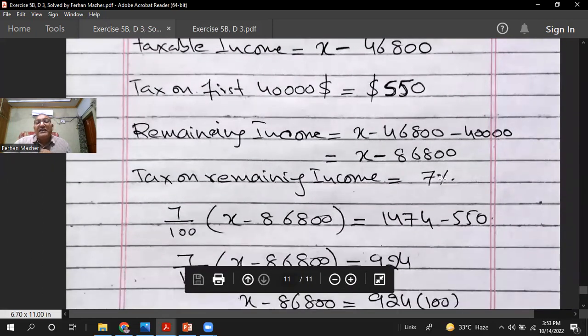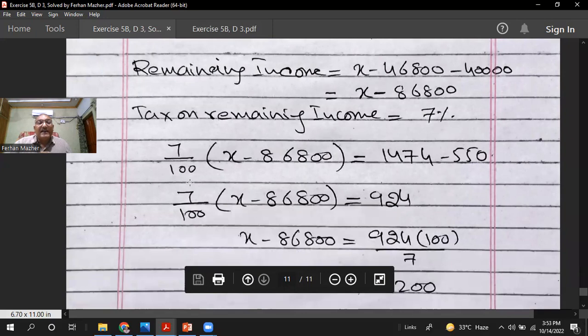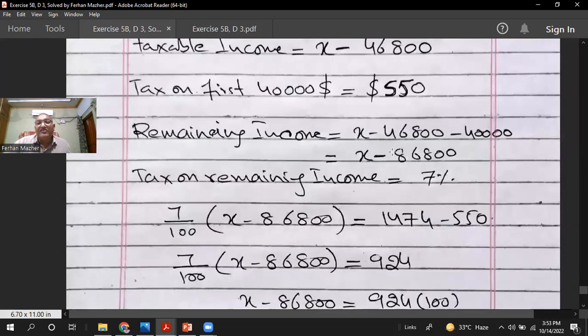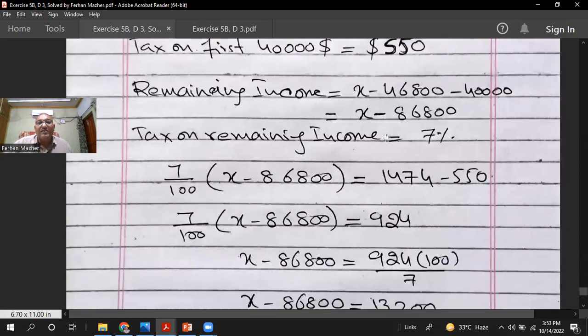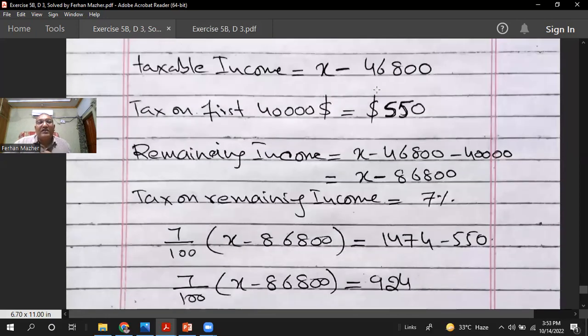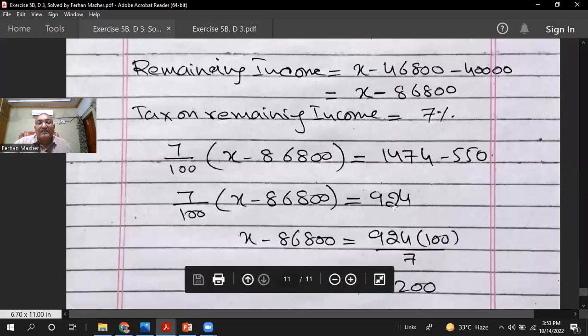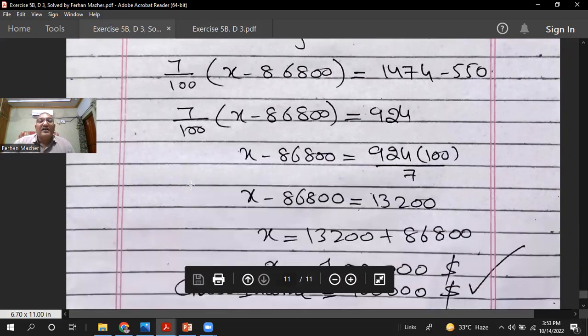The tax on the remaining income is 7%. That will be 7 by 100 multiplied by bracket X minus 86,800 bracket close. The total tax he paid is $1,474, out of which $550 was for the first $40,000. So the remaining tax is $924.